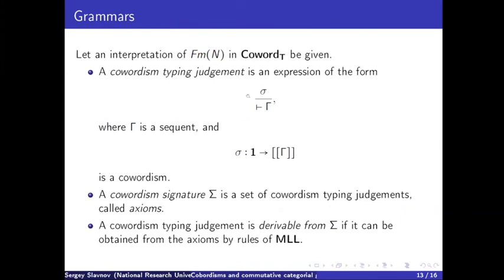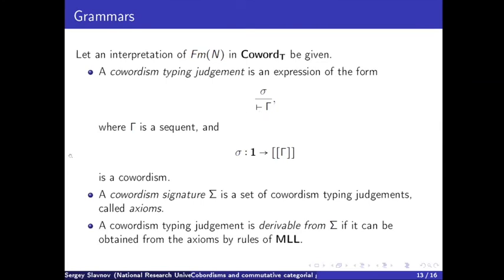A non-logical axiom is a pair consisting of a sequent, which is properly a non-logical axiom, and a cobordism to the corresponding boundary, which represents its sort of proof, in quotation marks. So I call this pair a cobordism type judgment, and I read it as sigma is of type gamma.